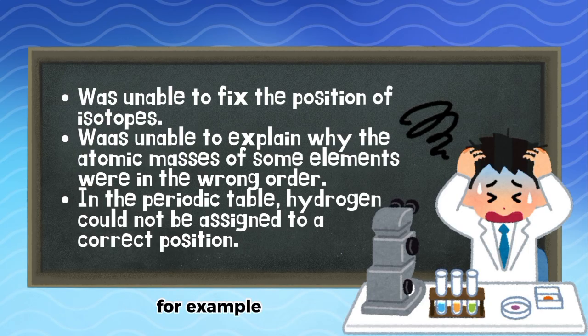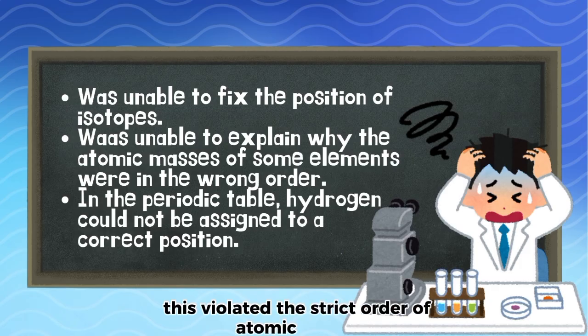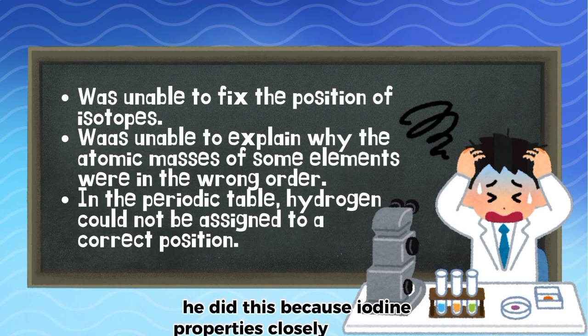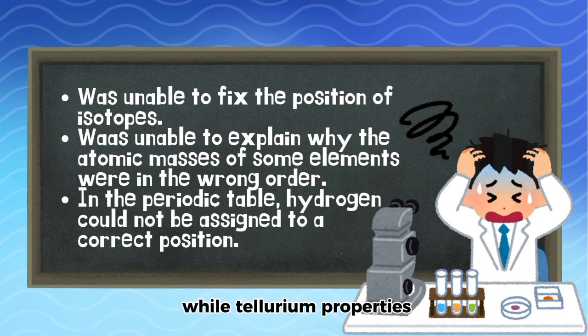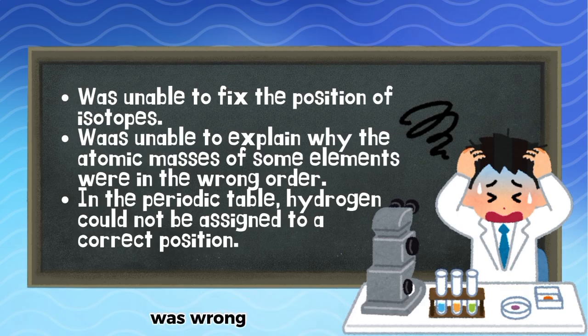For example, he placed tellurium before iodine, even though this violated the strict order of atomic weight. He did this because iodine's properties closely resembled those of fluorine and chlorine, while tellurium's properties matched selenium and sulfur. He couldn't explain why the atomic weight order was wrong for these specific pairs.